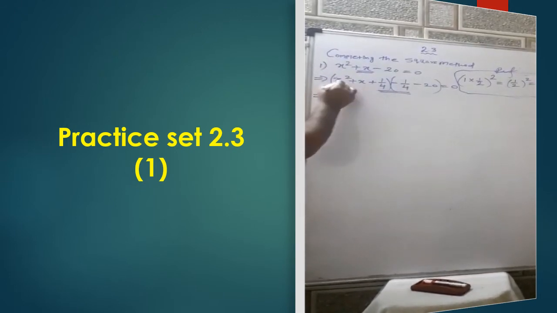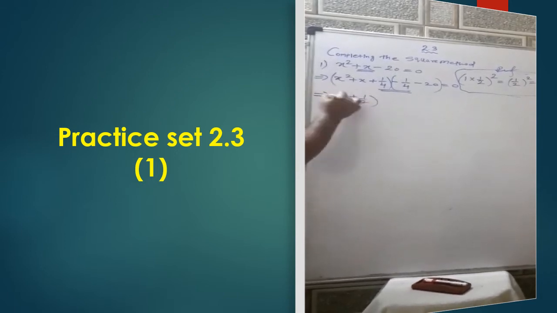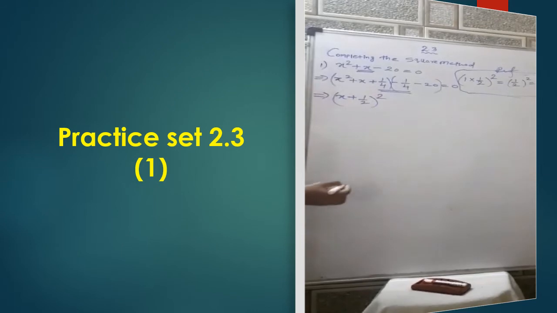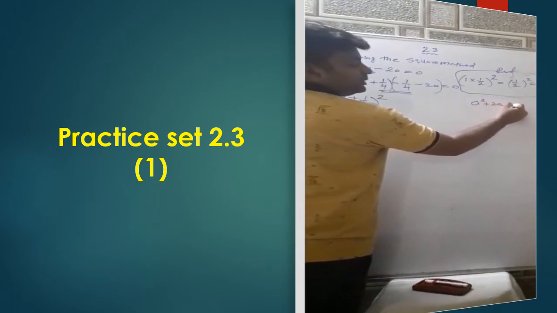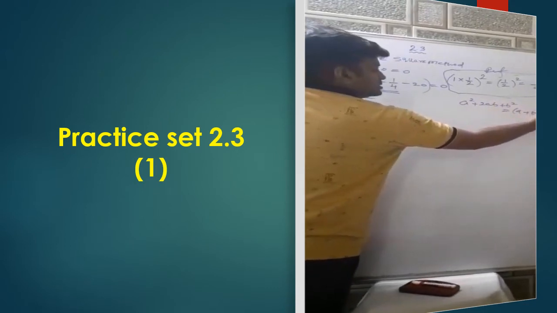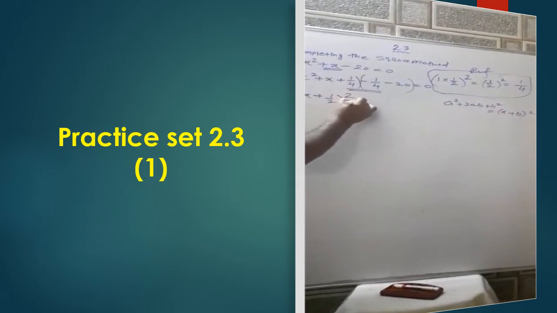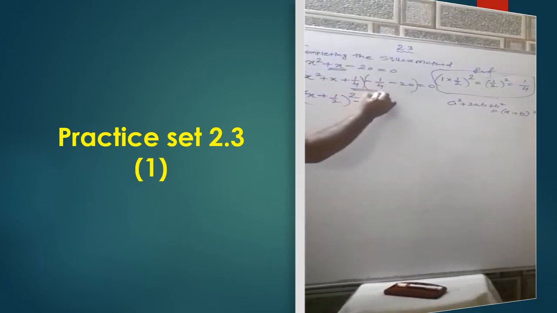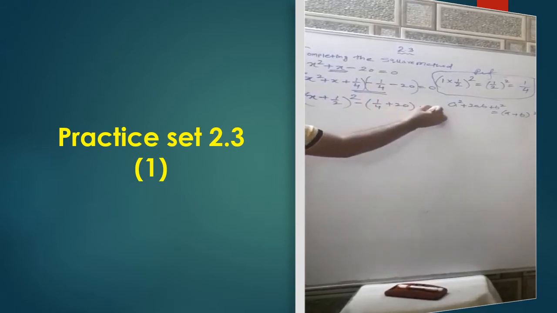So we make it like this. This one is in the form of x plus 1 upon 2 the whole square. It is in the form of a square plus 2ab plus b square, which turns out to be a plus b the whole square. And here it is minus, so we get 1 upon 4 plus 20 equals to 0.